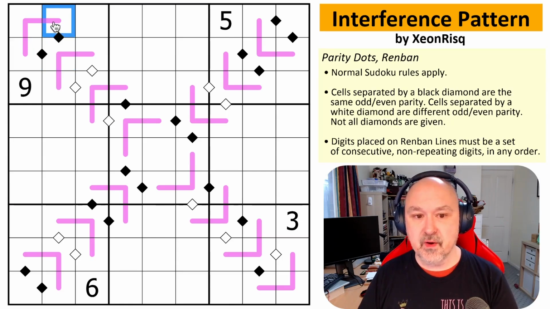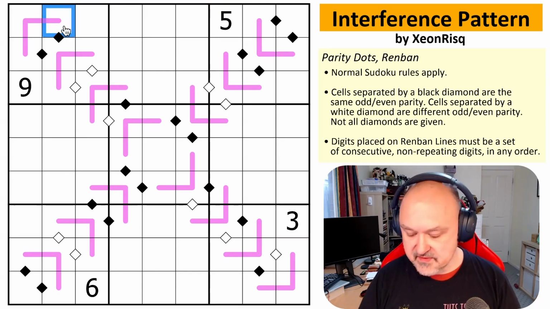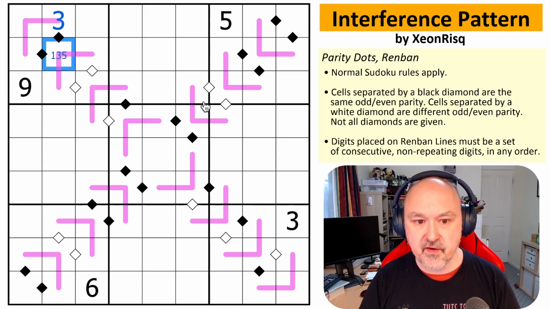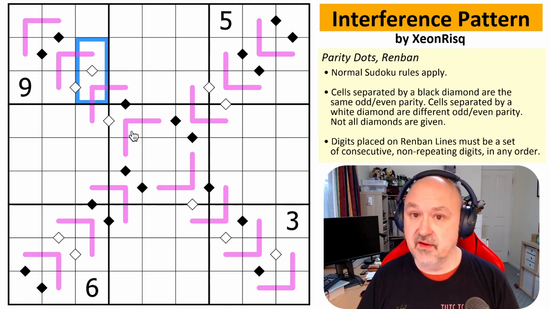So if this was a 3, then this would have to be a 1, 3, 5, 7, or 9. And in this case, it couldn't be a 3 or a 9, but it would have to be a 1, a 5, or a 7, because they have to share a parity, odd or even. If there is a white diamond, then the neighboring cells must have a different parity. That's it. That's how they work.